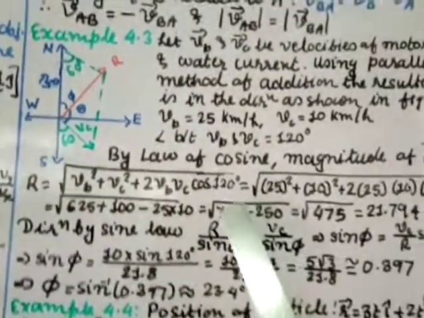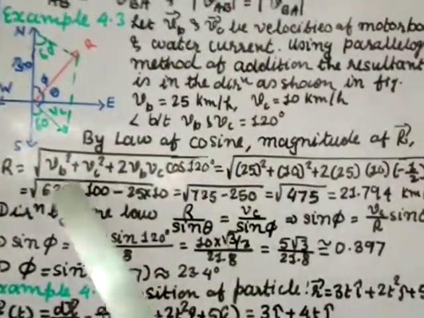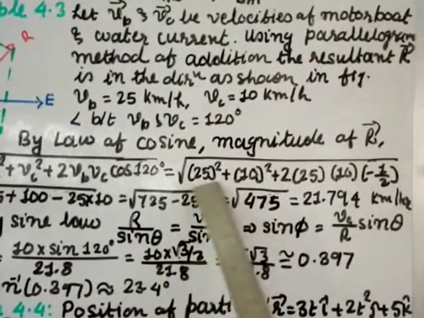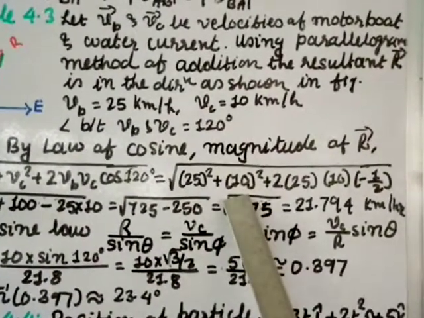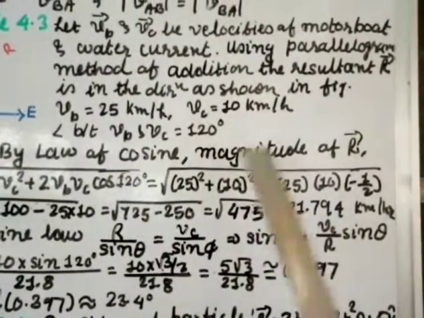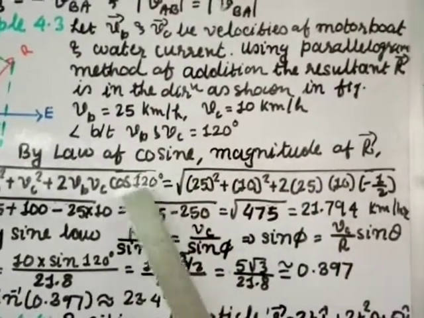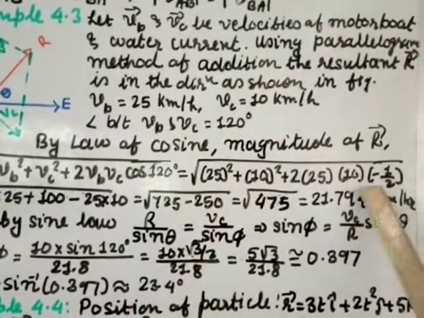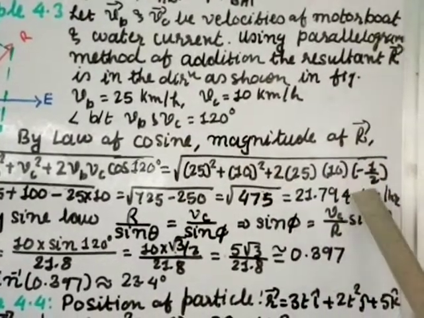Values are given, so let us put it equal to square root of 25 square plus 10 square plus 2 into 25 into 10 into cos 120. Now cos 120 value is minus 1 by 2. These two and these two you cut.